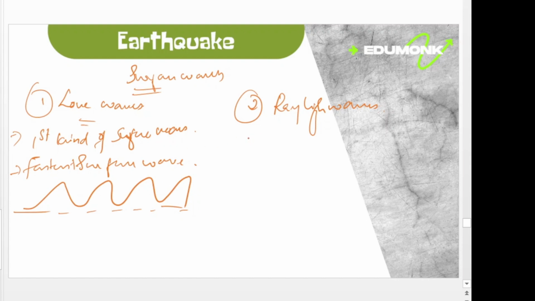These are vertical waves. Here it also forms a wavy kind of structure, but it's more vertical.